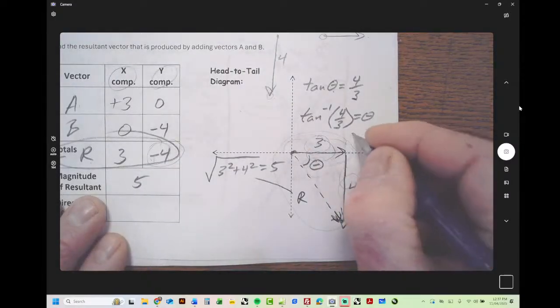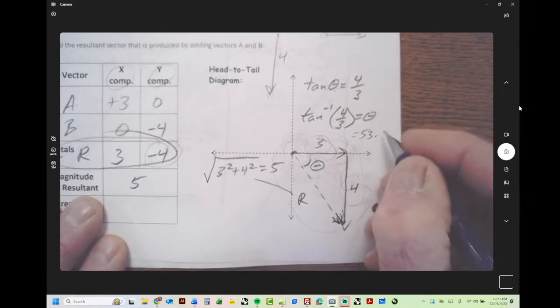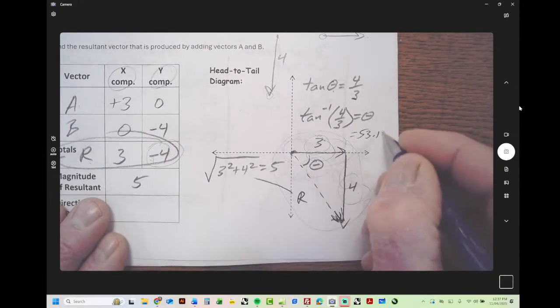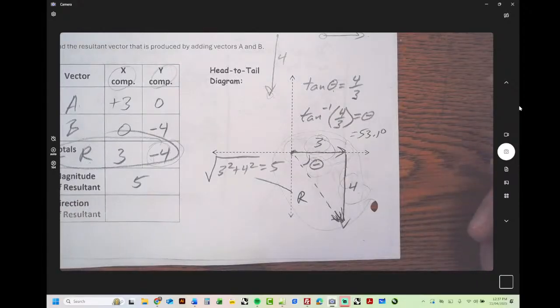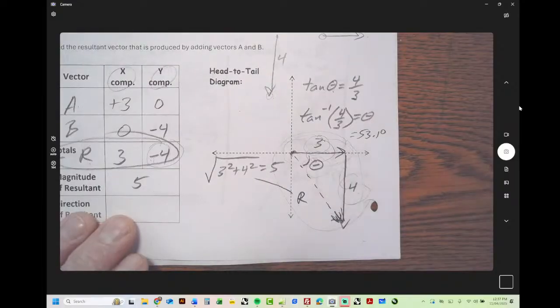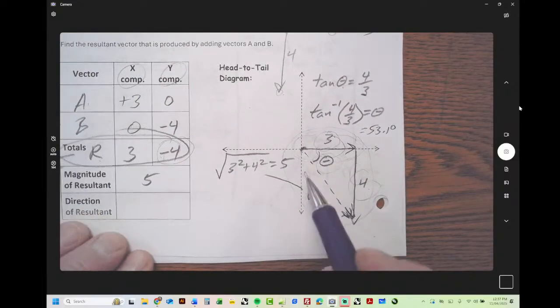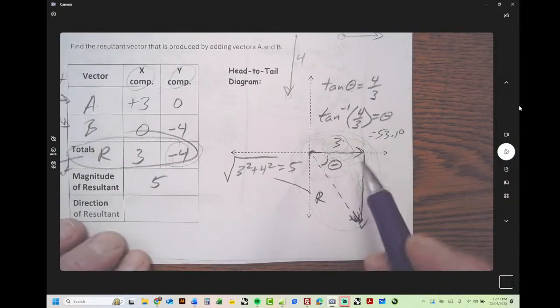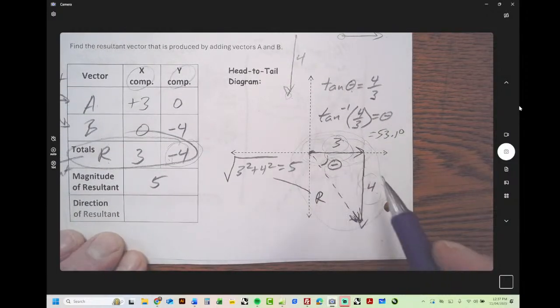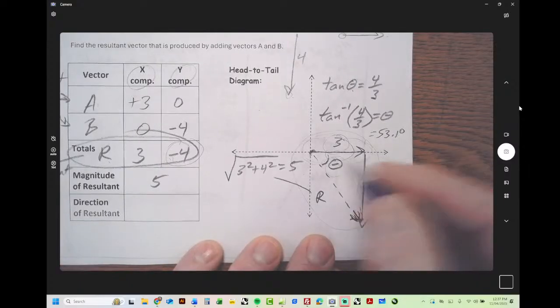So what if I told you the treasure is 53.1 degrees from here? Would that be of any help? Relative to something, right? So in pre-calc, there's a certain way people do headings. You can do that if you want. In here, what we're going to do is just pick some kind of a landmark. Like there are two landmarks here.